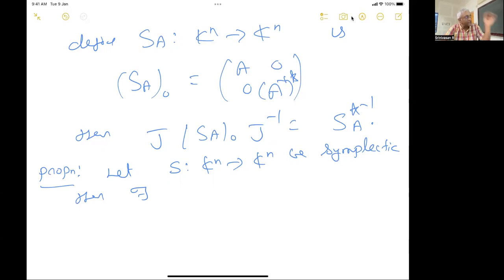So unitary means unitary in Cn. Maybe I'll make a remark.